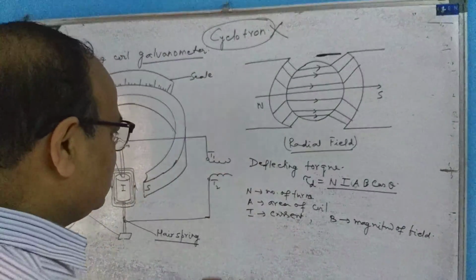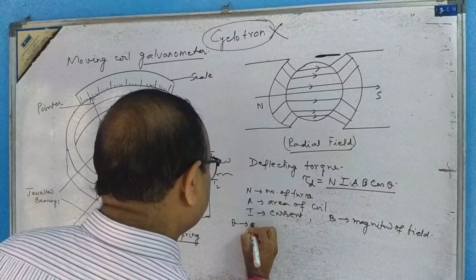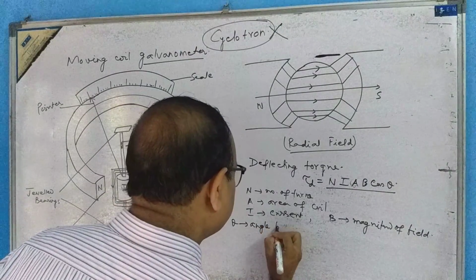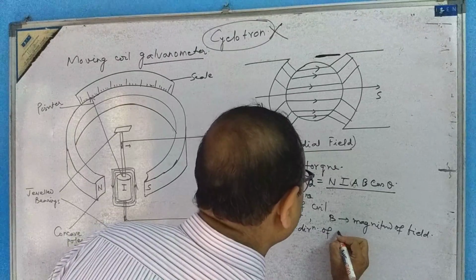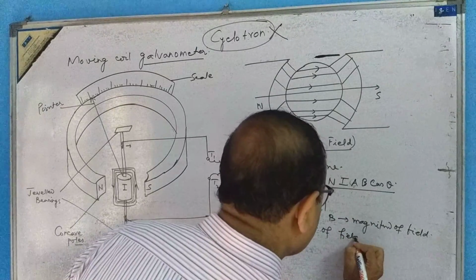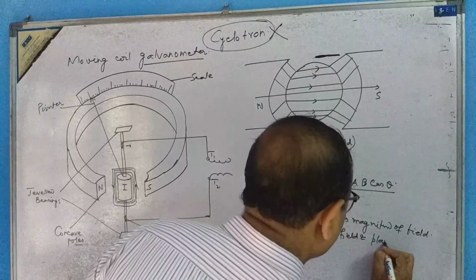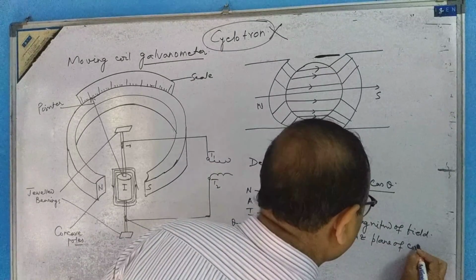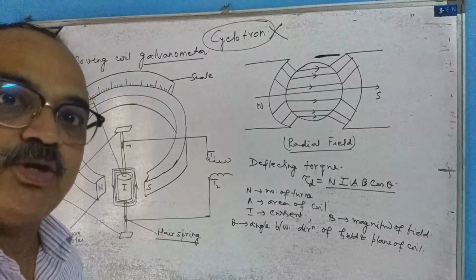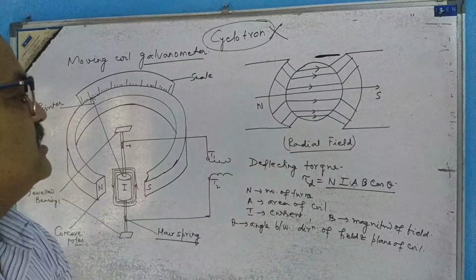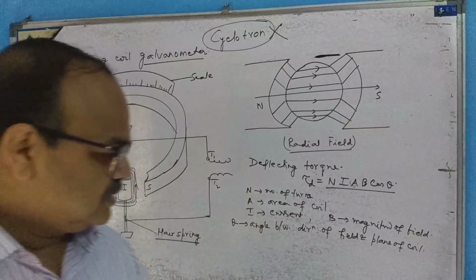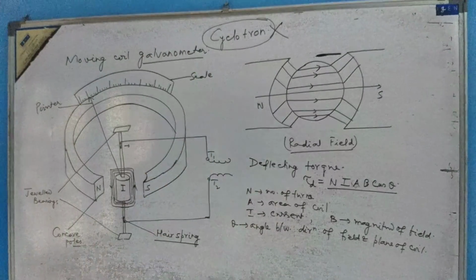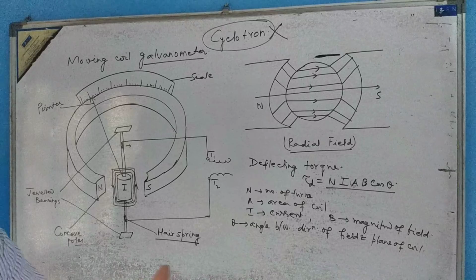And what is theta? Theta is the angle between the direction of the field and the plane of the coil. Here it is the deflecting torque. Look, this is regarding the torques that are acting. I will come to the next part in the next lecture.